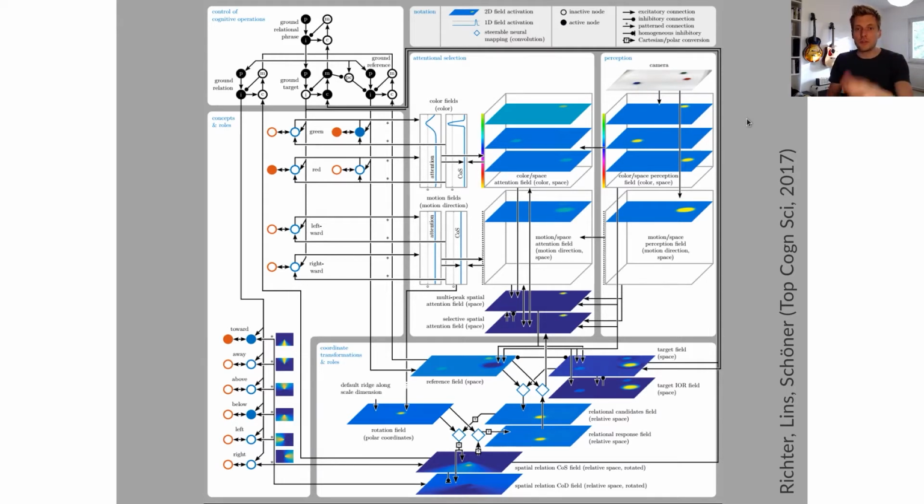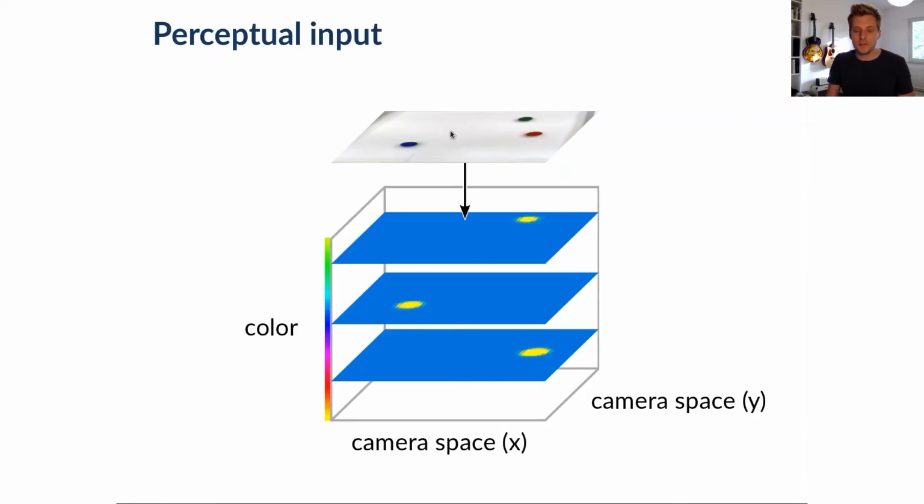Okay, so the perceptual input, I already told you that it's these video clips. Here in this example, we have a red, green, and blue object on this white background. And then the only algorithmic bit comes in right here, where we have an algorithm that extracts from every frame of the video an activation distribution that is then input into this dynamic neural field here, and everything else in the model is neural.